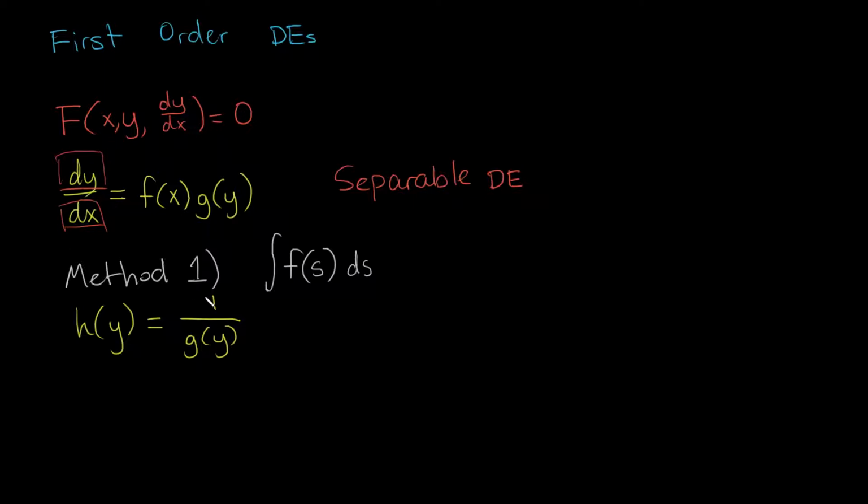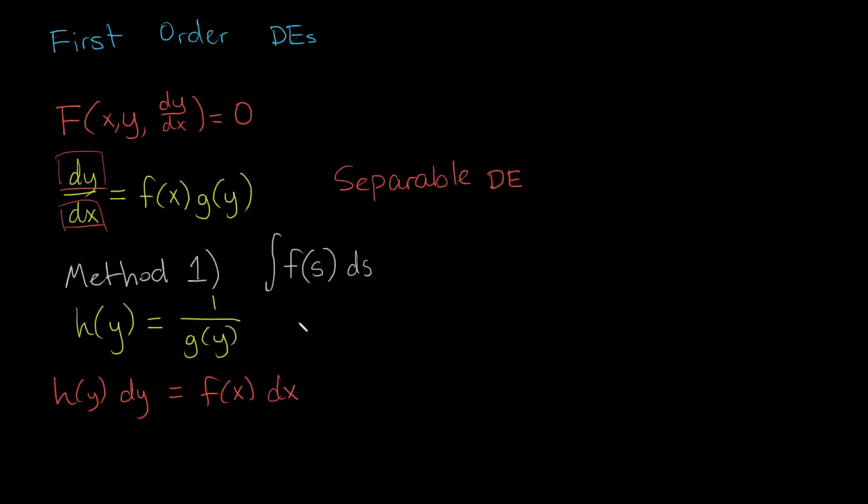After we divide g of y on both sides, what we're left with is that dy times 1 over g of y, but I just named that h of y, h of y dy equals f of x times, and again, we're treating this as a fraction, I'm multiplying through by dx.